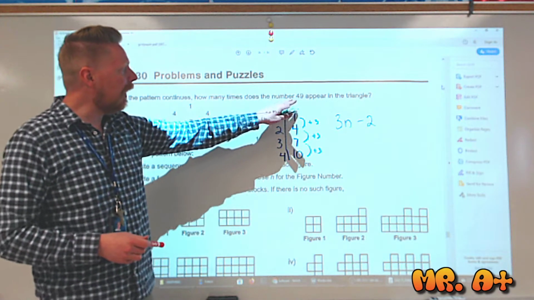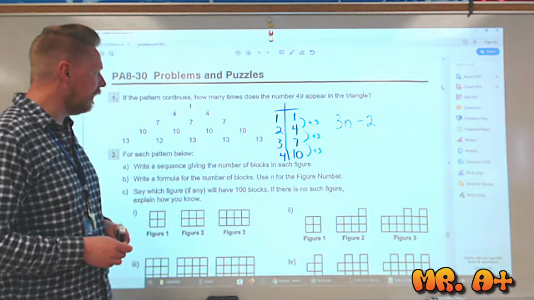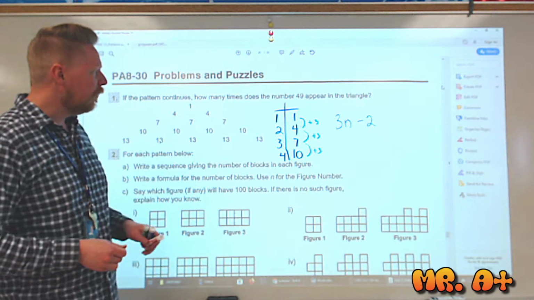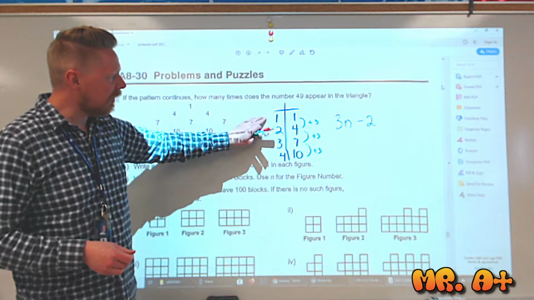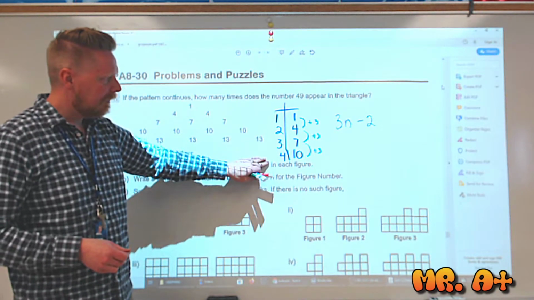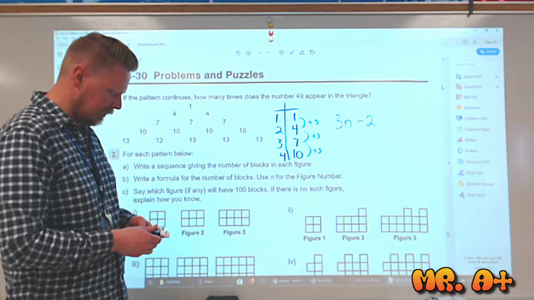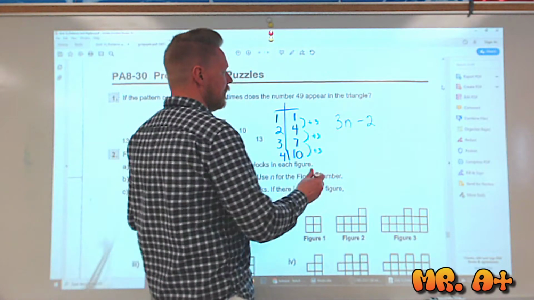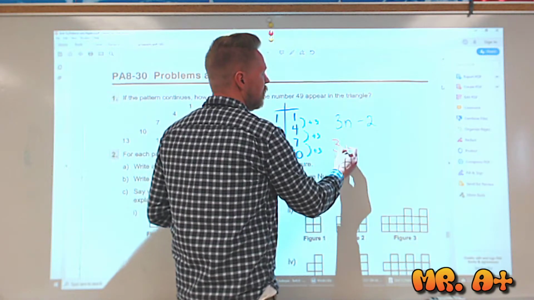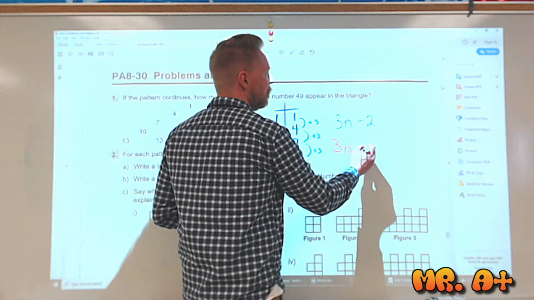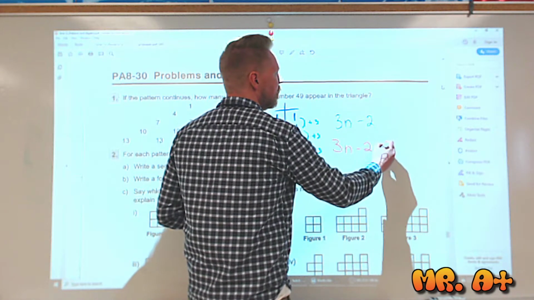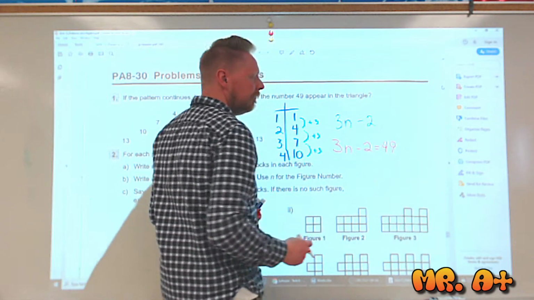Now I want to know how many times 49 will appear in the triangle, which basically is what term number is the value 49. And I'm going to figure that out by posing it like this. 3 times some term number, subtract 2, equals 49.